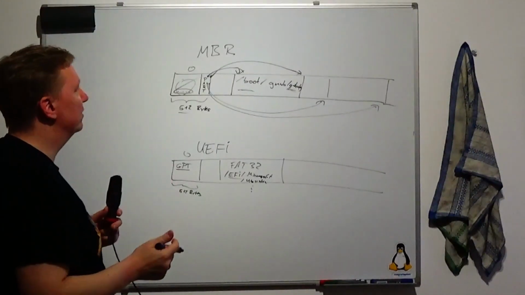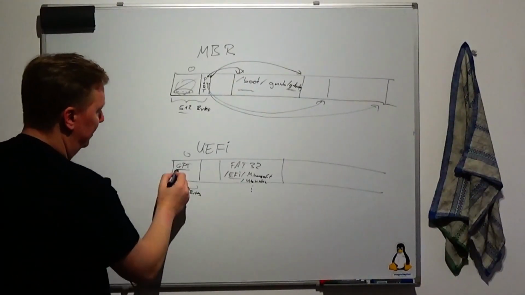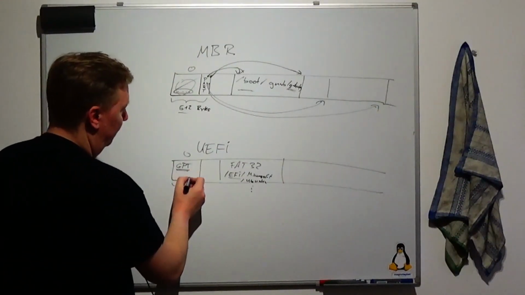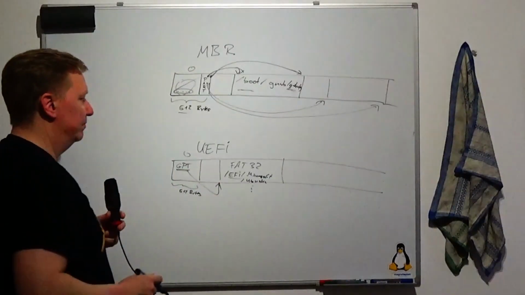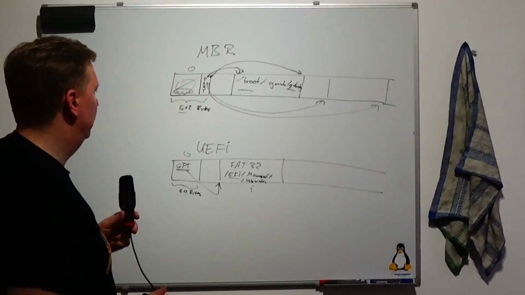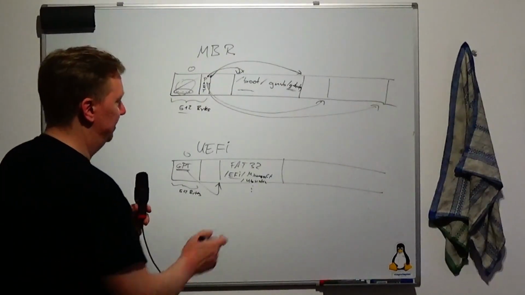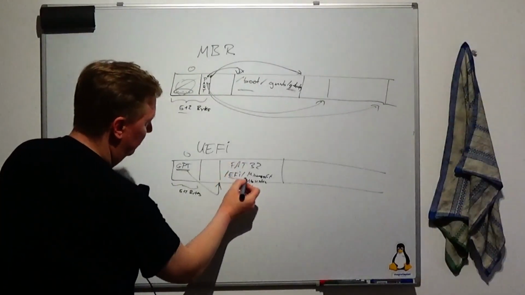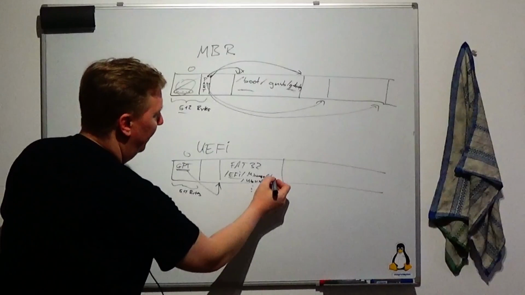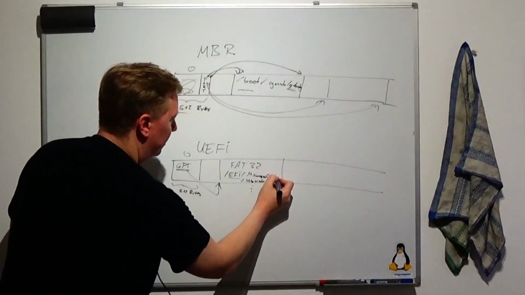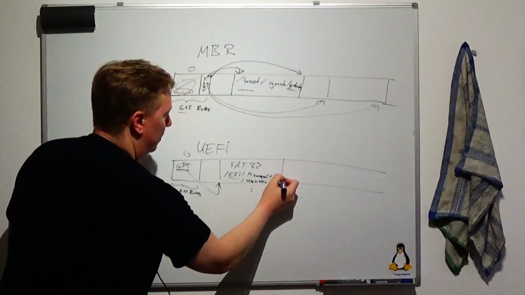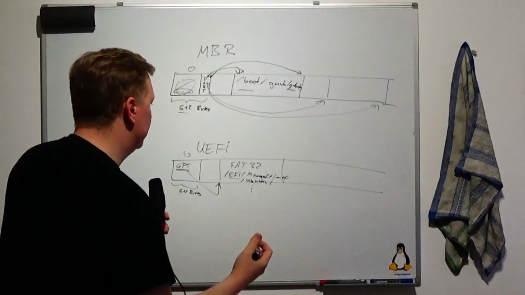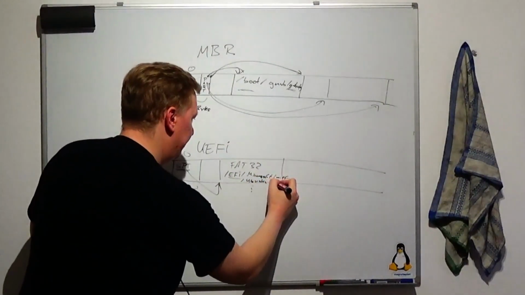So the firmware of the mainboard must understand GPT partition tables to find out where my boot partition is, and the firmware of the mainboard must understand FAT32 file systems so that it can look into these directories, and in here you will then find .efi files, and these are multiple bootloaders, so you can have multiple bootloaders in these subdirectories.